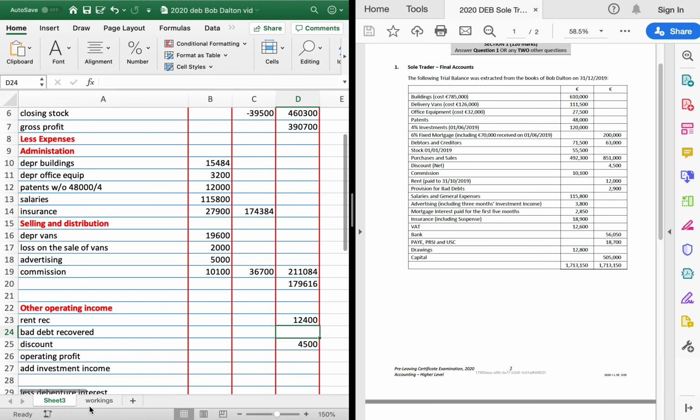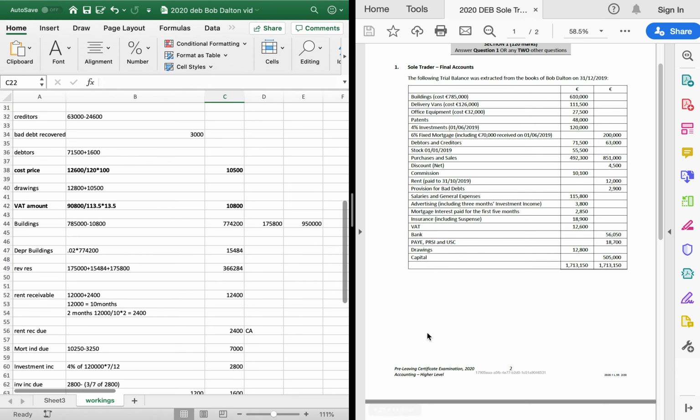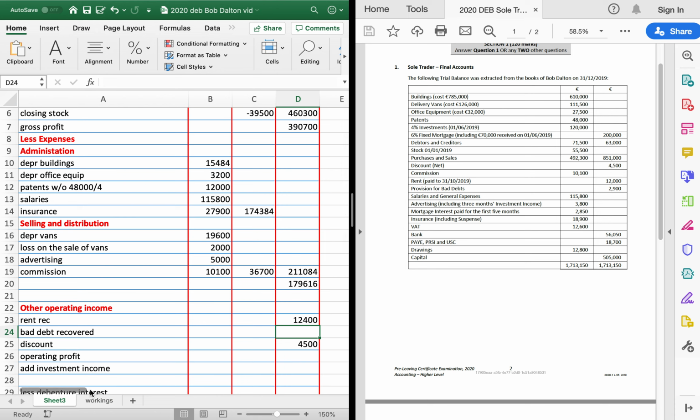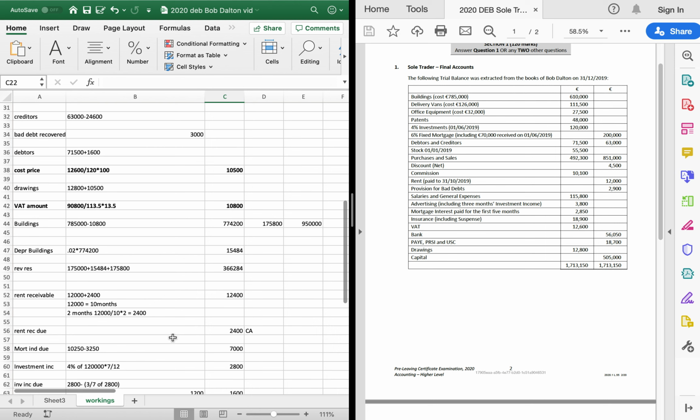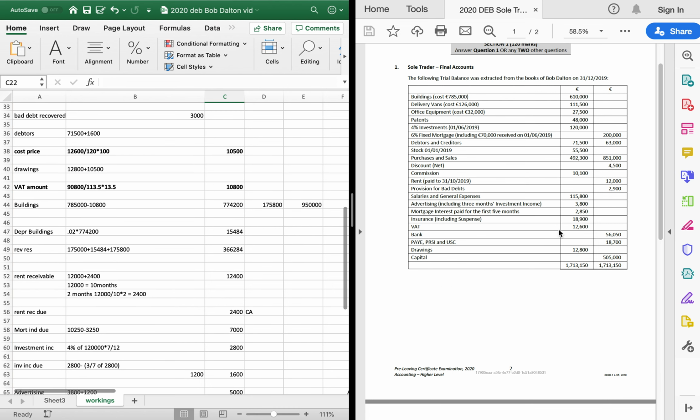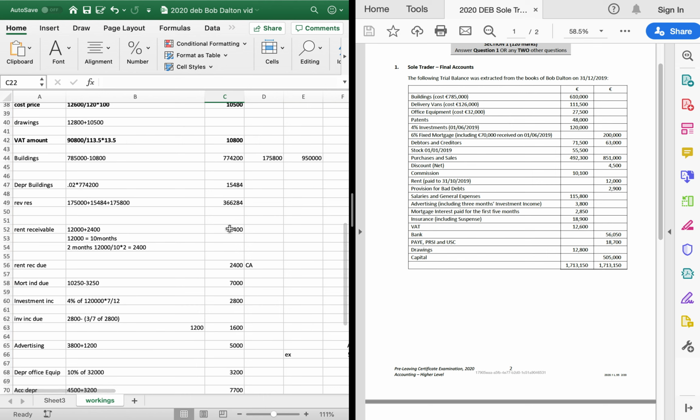And then the bad debt recovered was 3,000. So 12,400. It's 12,000 in the question, so it's 14,400. Just change that.